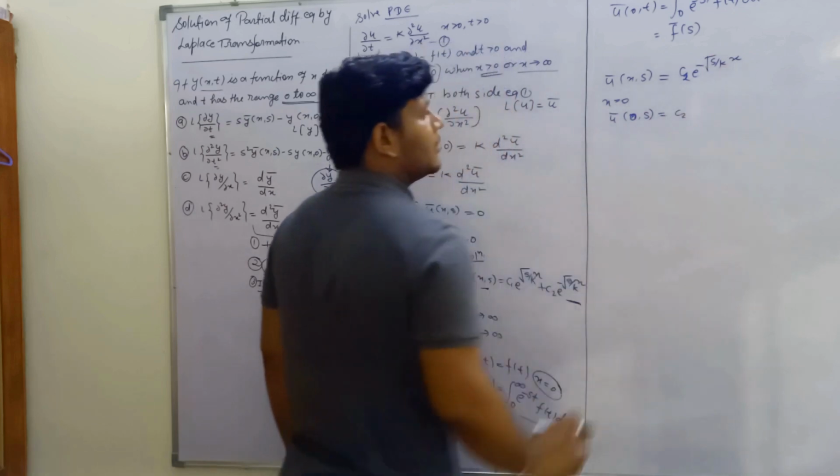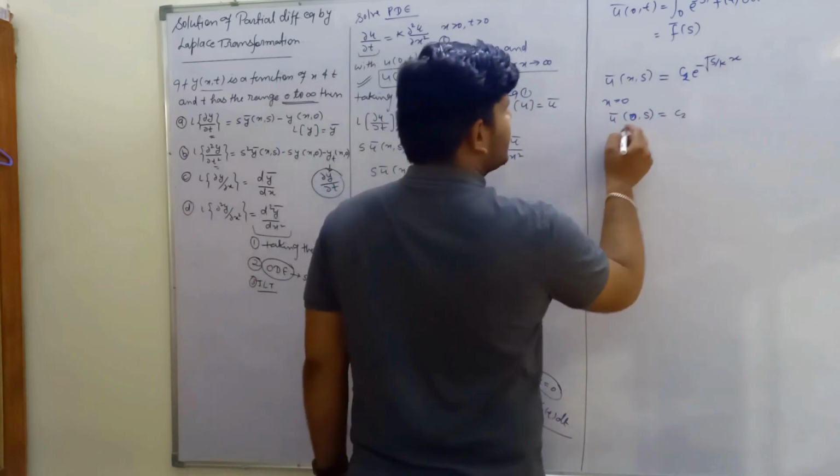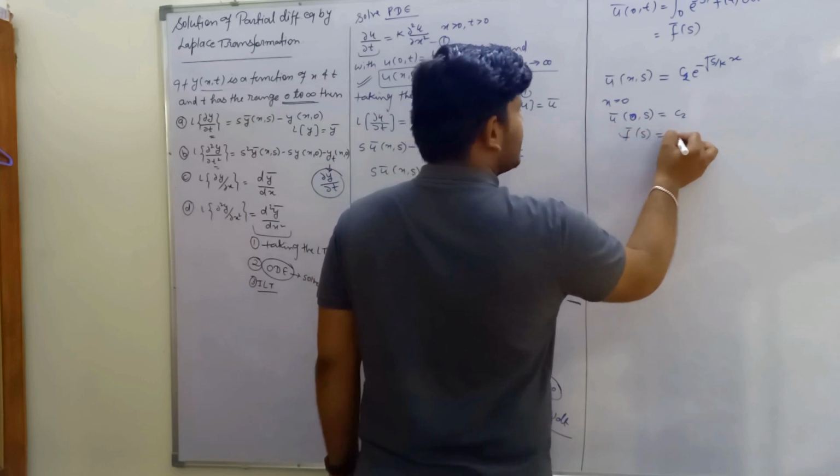Since e to the power 0 is 1, c2 is f bar(s).